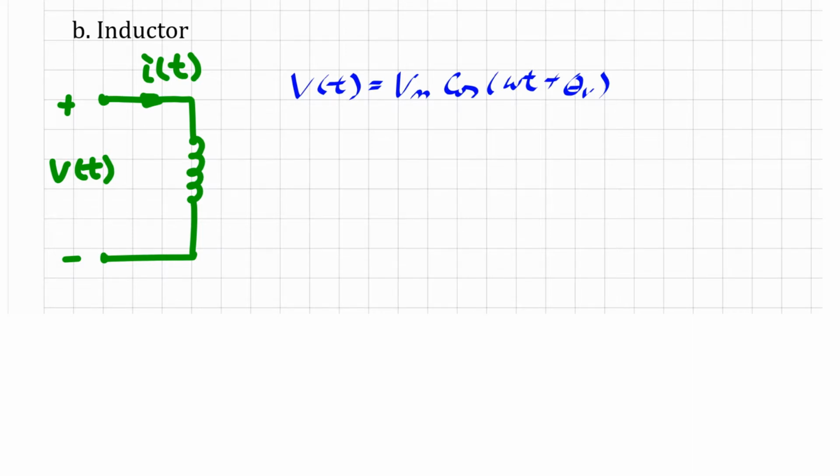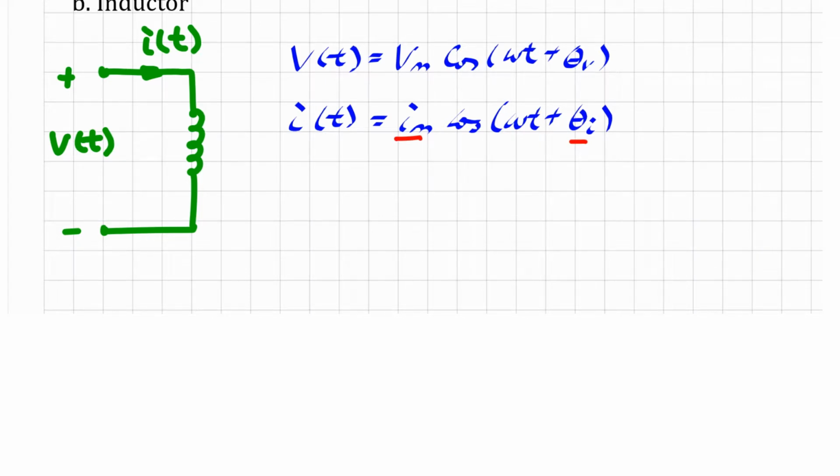And we assume, again, as we worked out from the RL circuits, i(t) has a form of an amplitude and also a cosine function that has its own phase angle. So we wish to figure out what the amplitude is and what the phase angle is.